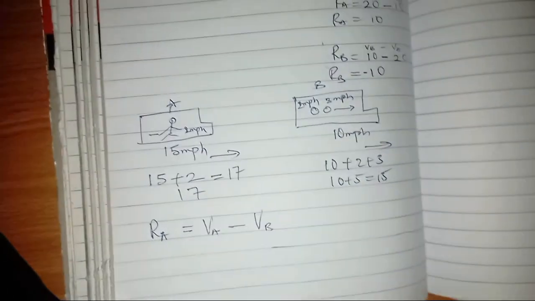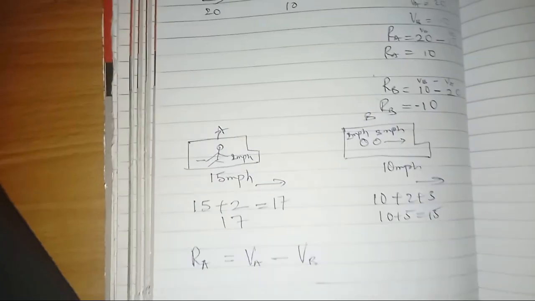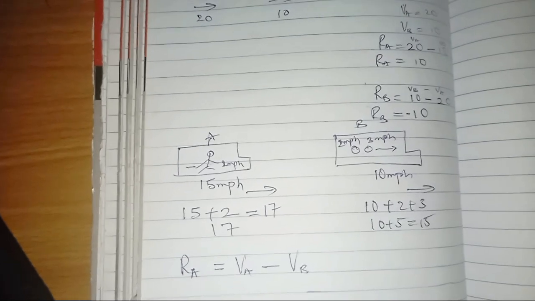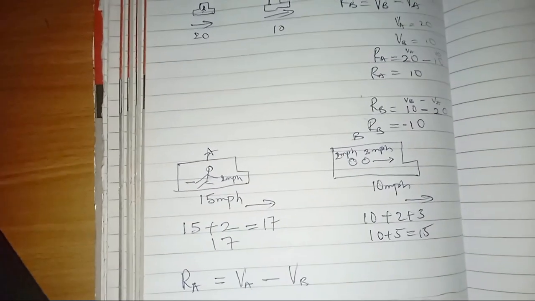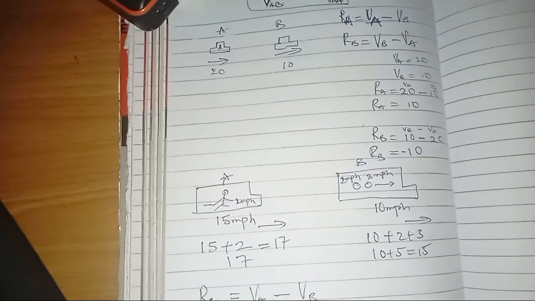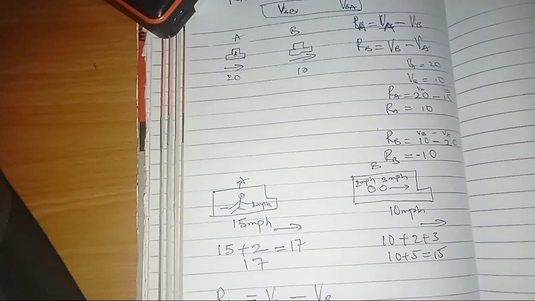So relative velocity is simply how another body can relate the motion caused by you, from their standpoint. It's more like saying observer and observed.